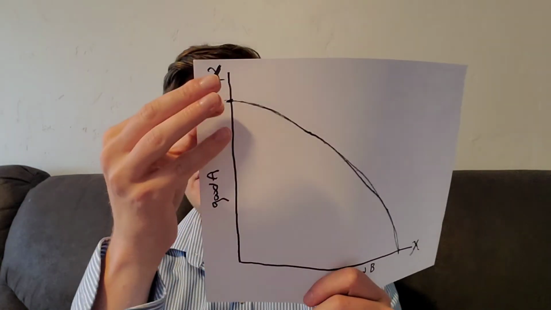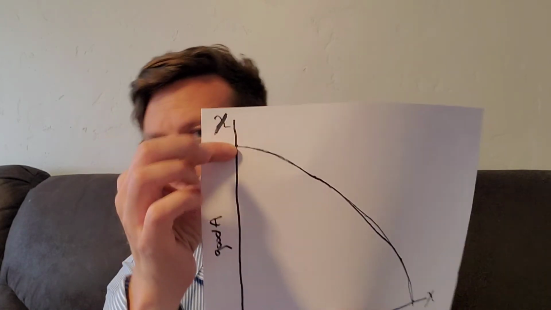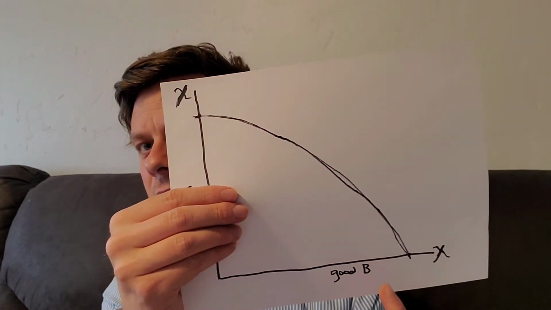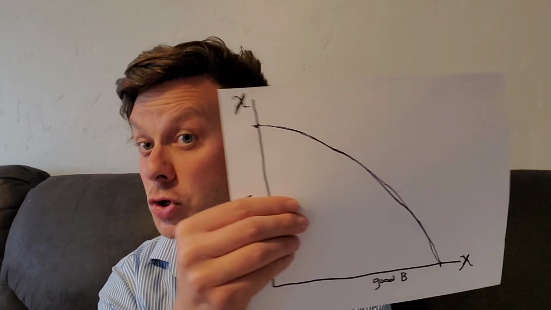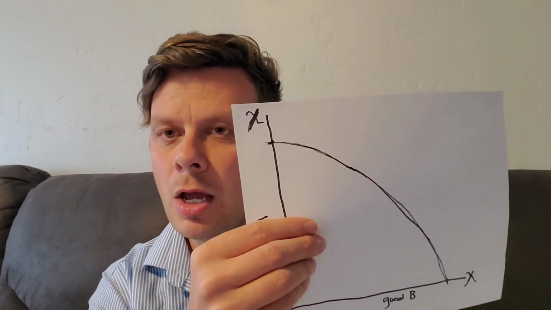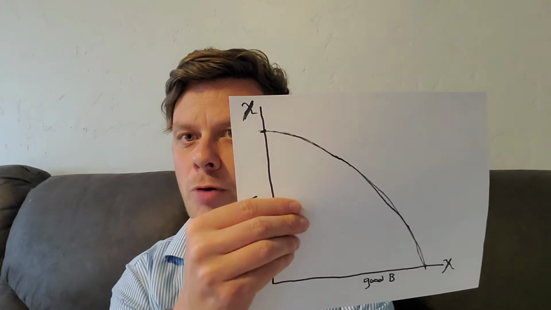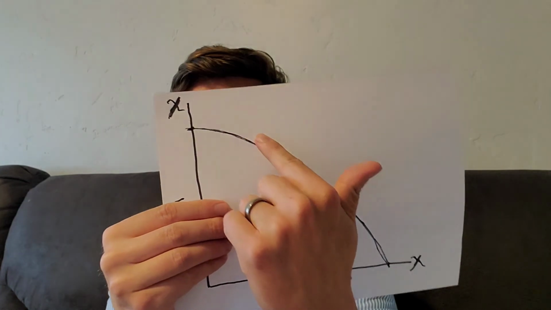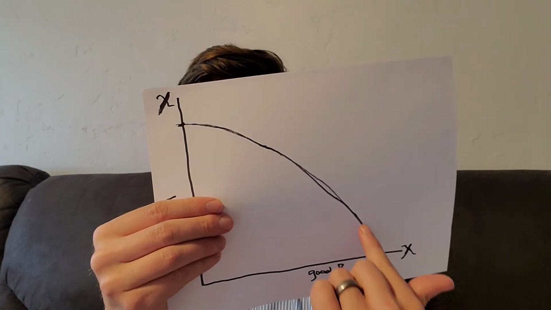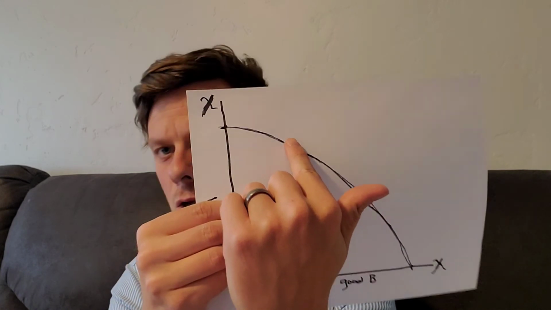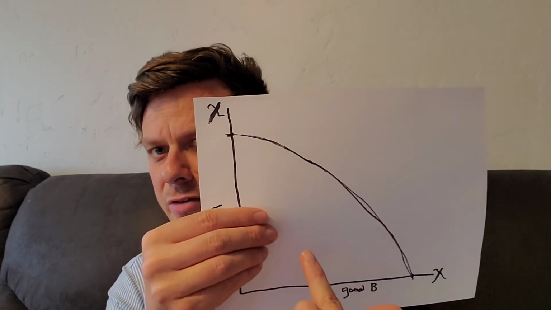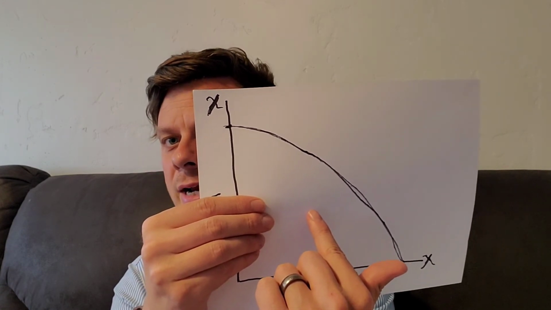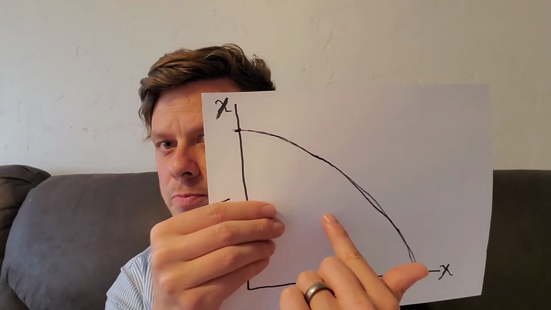If we decide to make all of good A here, what we're foregoing is the opportunity to make any of good B. And as human beings and as an economy, generally, we like this idea of variety. So a point of efficiency within our PPC will be any point that lies along this curve. If a point lies below this curve, our economy is operating at inefficient levels.